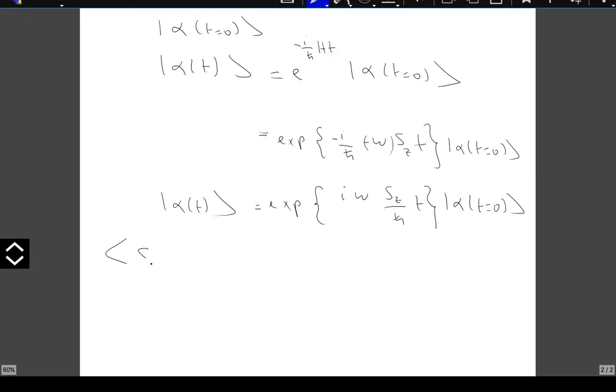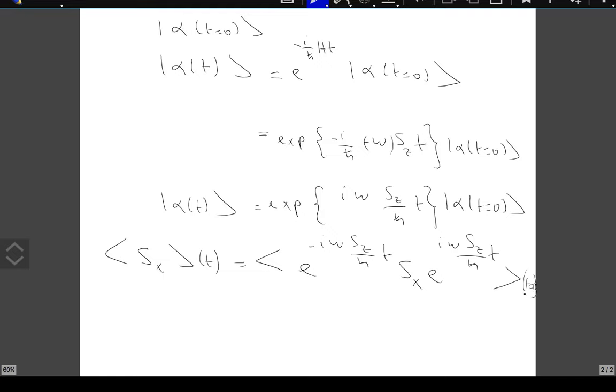Well, let's look at, for example, the expectation value of Sx at a time t. This is nothing but the expectation value of e to the power minus i omega Sz over h bar t, Sx, e to the power i omega Sz over h bar t, of course at t equal to 0. But you see, that operator is nothing but rotations around the z-axis.